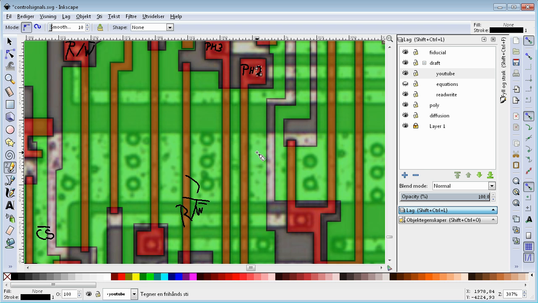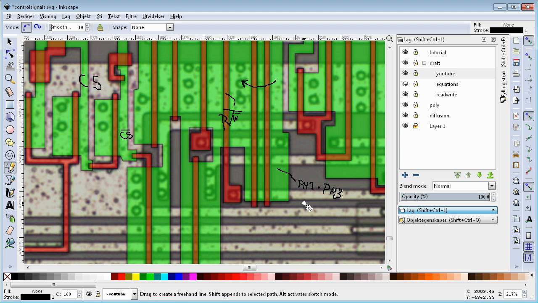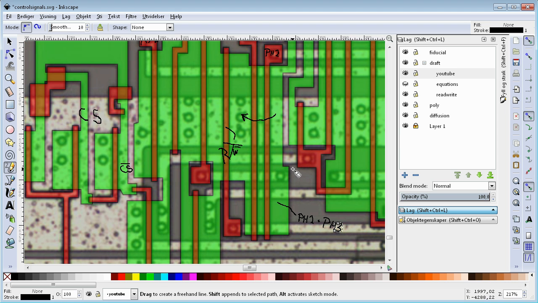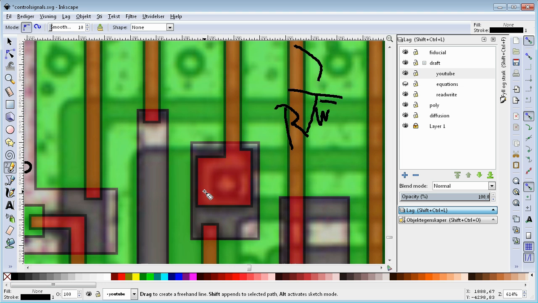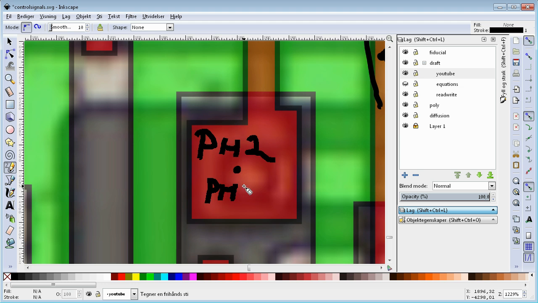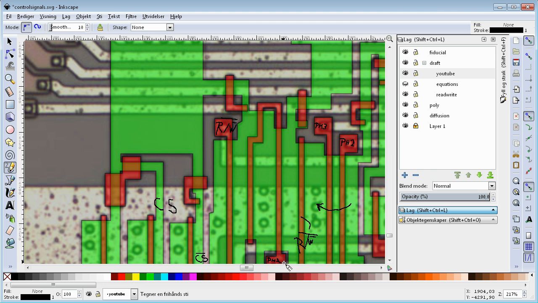To pull this low, you have to go through two gates. That means that's VIC II and 3. This one goes through this one into that one. So then you have VIC III over here.